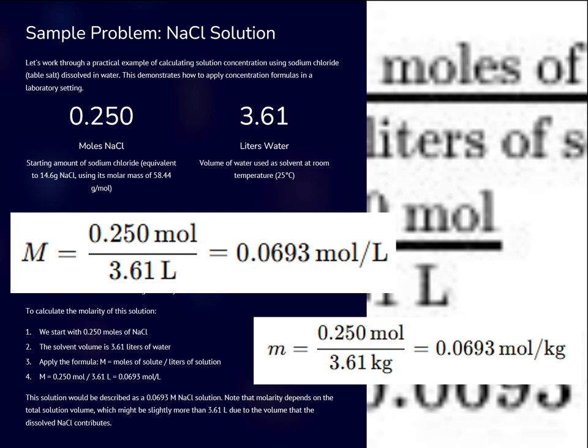So we can calculate the molality by plugging in 0.250 moles, but then dividing by 3.61 kilograms, which is going to give us a value of 0.0693 moles per kilogram.